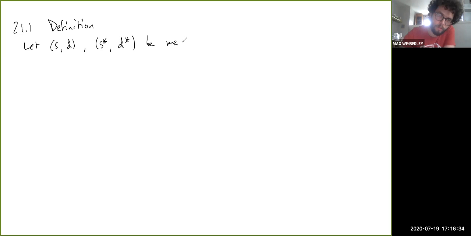Let's say (S, d) and (S star, d star) are metric spaces and f from S to S star a function.